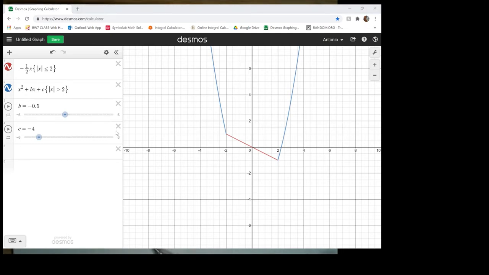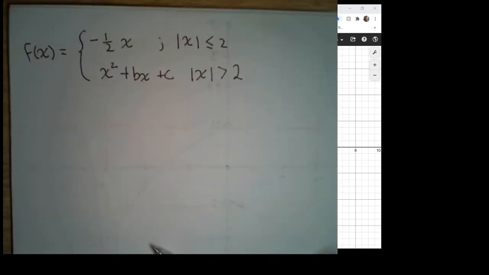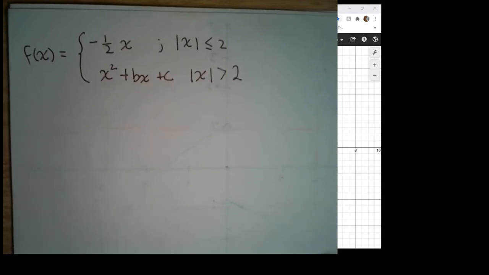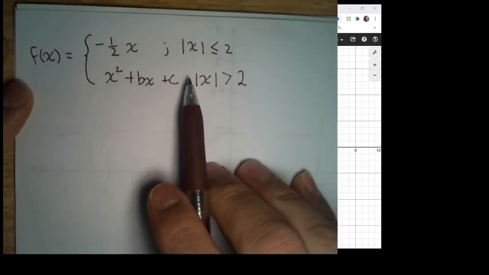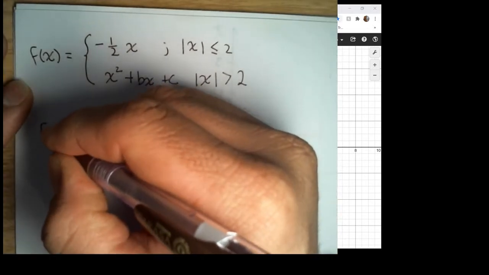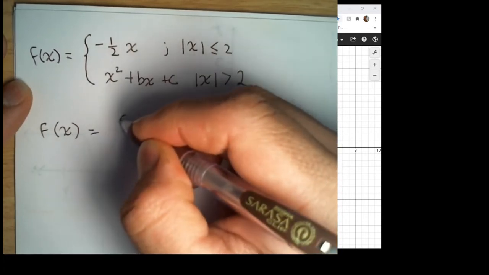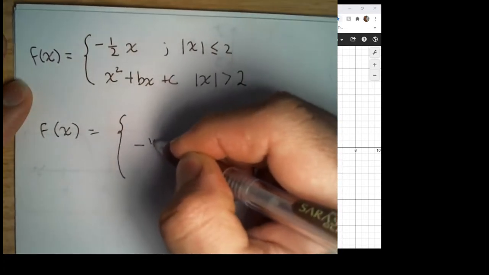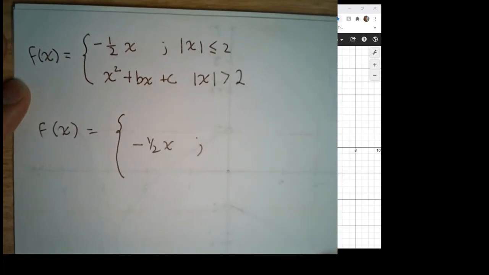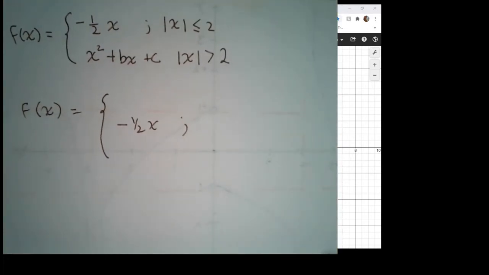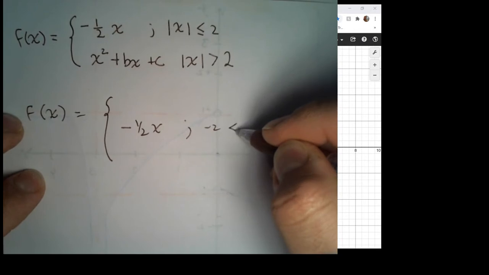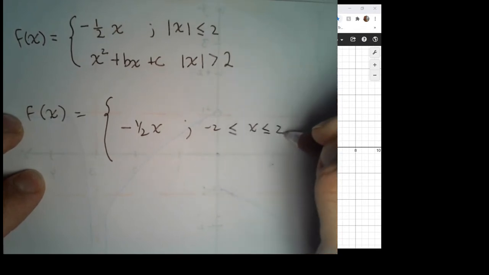Okay, so here, let me go back to my paper. The first thing is we need to interpret this absolute value. What we saw was between 2 and negative 2, that was for values of x between 2 and negative 2.